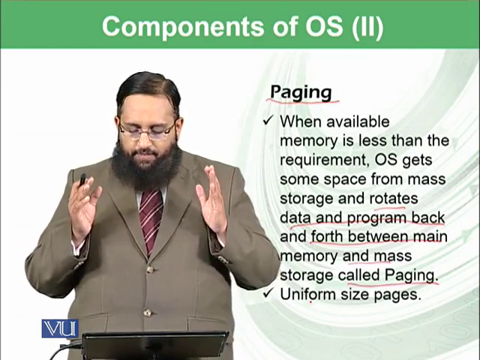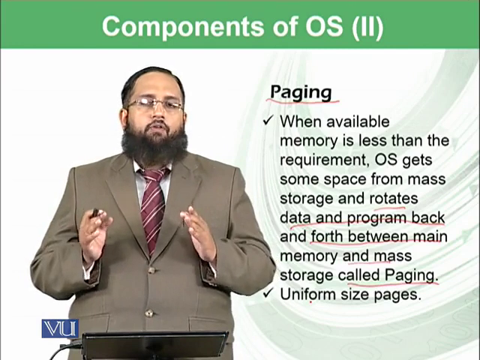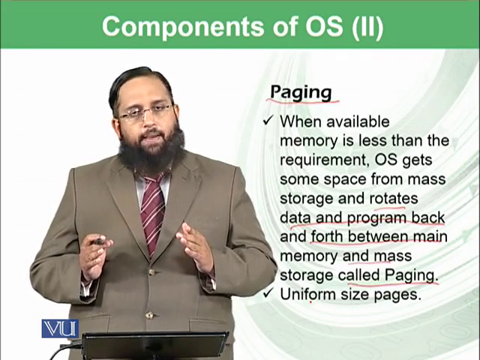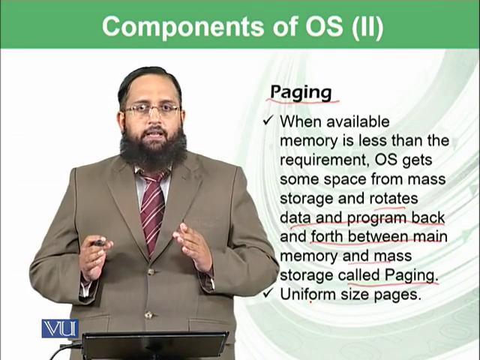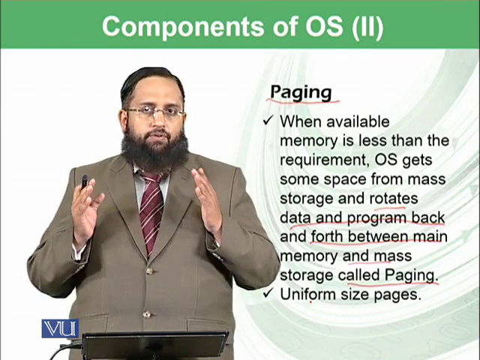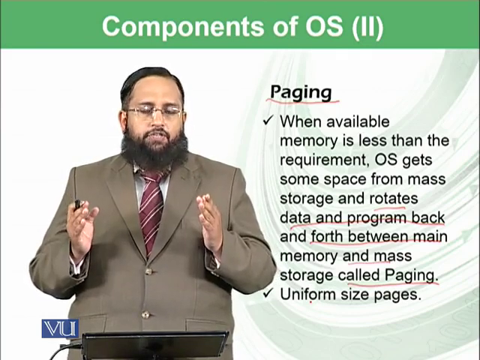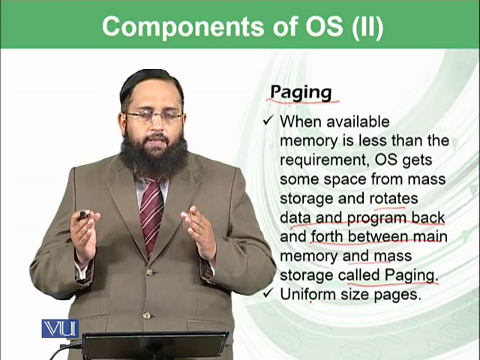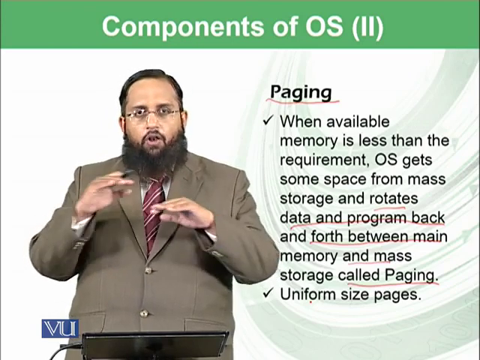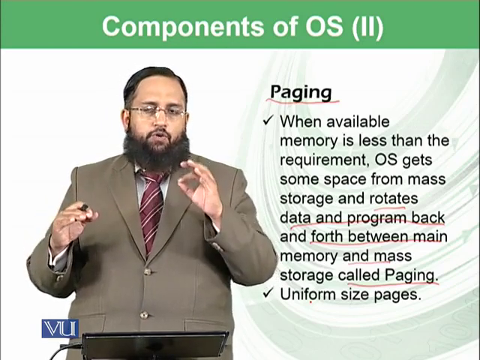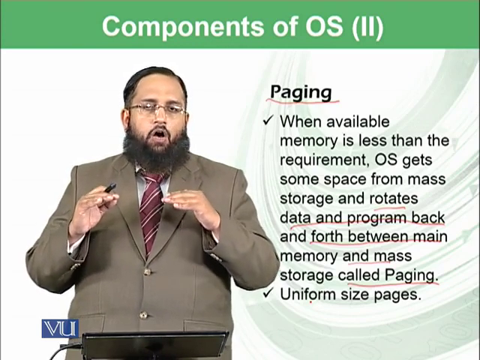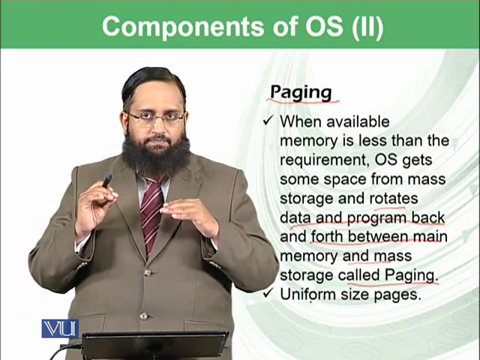And in paging, we have uniform size of the memory. For example, if there are different applications running on the main memory, we divide all of the applications into small sizes, which are called pages.